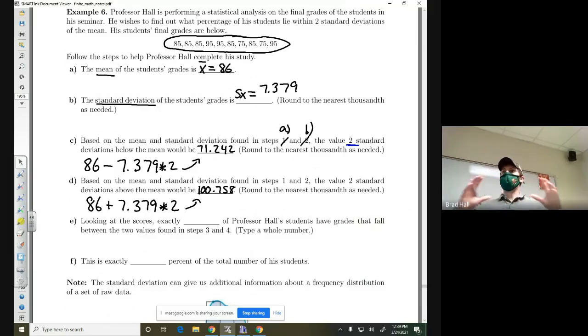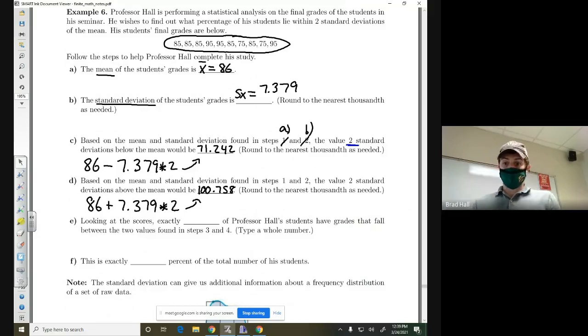So this gives us an interval of 2 standard deviations from the mean. The lower bound of the interval being 71.242, and the upper bound representing 100.758. So it gives us an interval. And then part E, looking at the scores, exactly how many of Professor Hall's students have grades that fall between the 2 values?